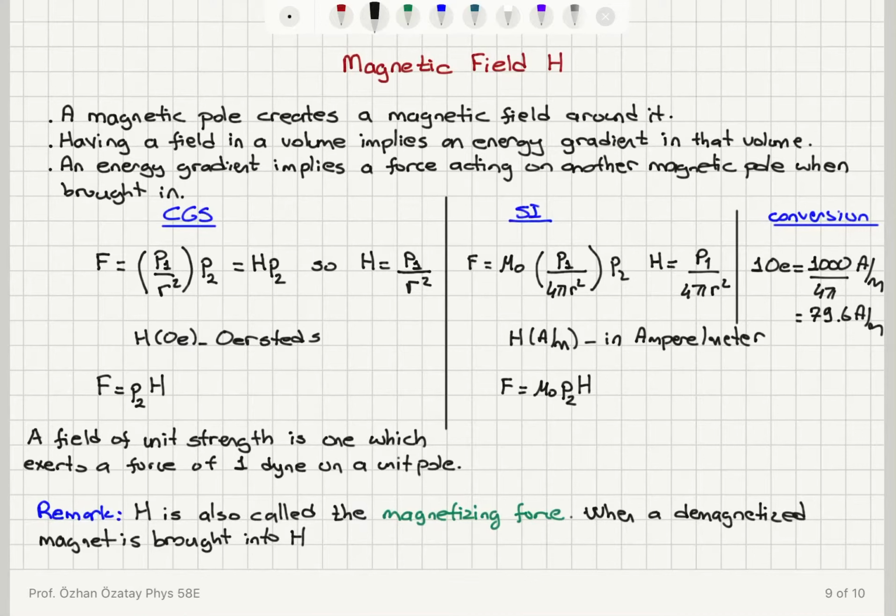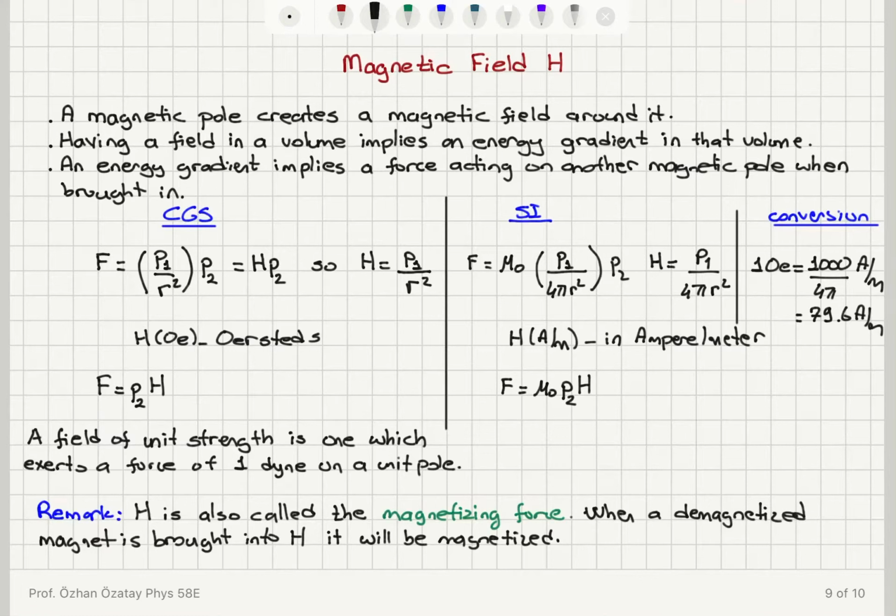The attraction between north and south and repulsion between similar poles will cause it to be magnetized. So it will be magnetized.